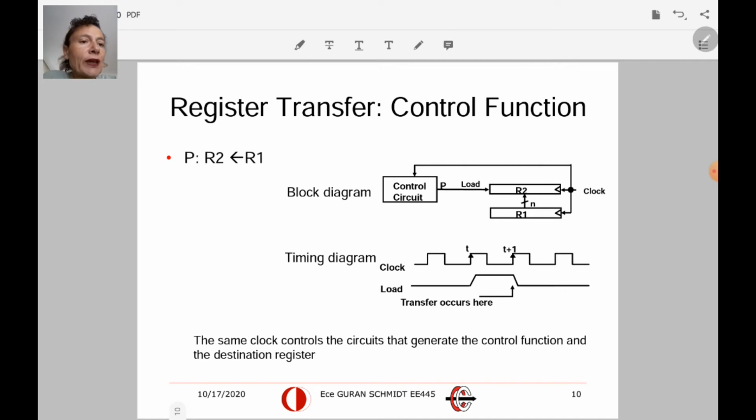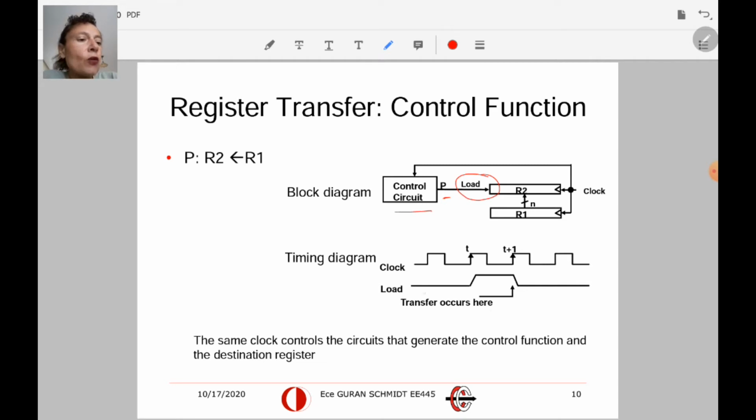So we can look at the circuit for this P. We will have a control circuit, and P is produced by it. Now, I connect P to the parallel load enabling input of R2. So if P is equal to 1, whatever is ready in the parallel input of R2 will be in R2 at the clock pulse. And the timing diagram is as follows.